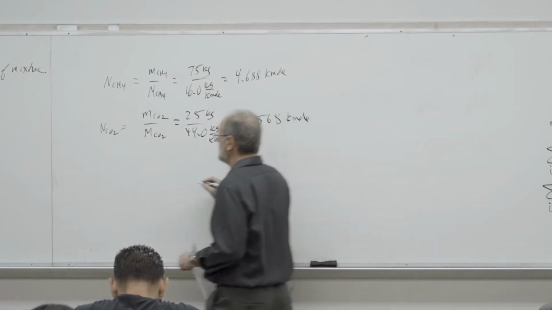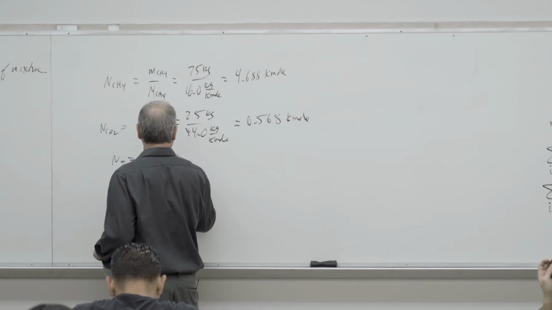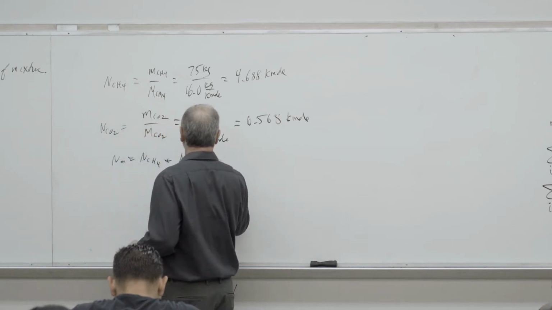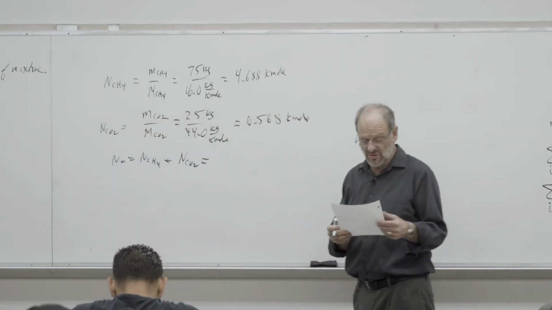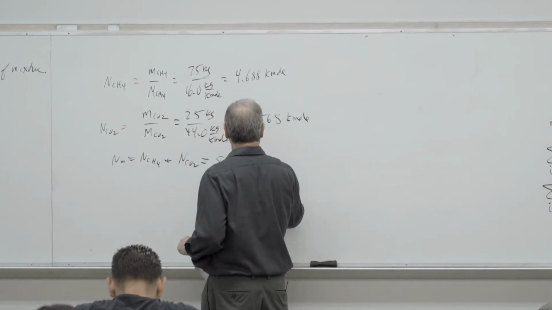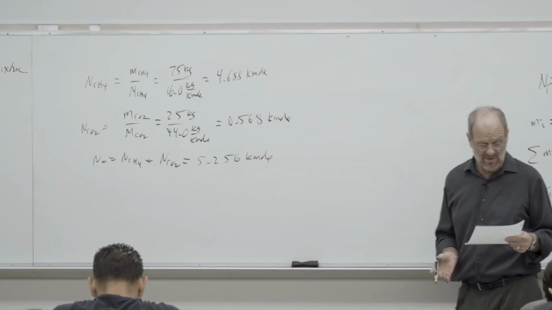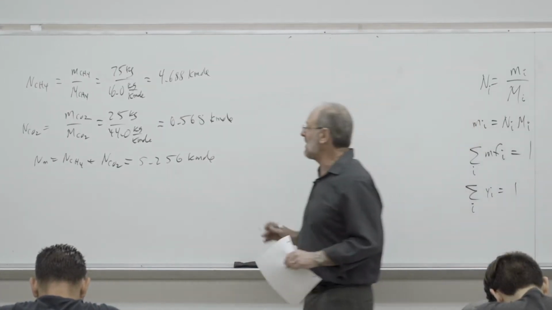Now we could just sum the two together to get the number of moles of mixture. So we just throw those two numbers together, and we get 5.256 kilomoles of the mixture. And now we can find our mole fractions.